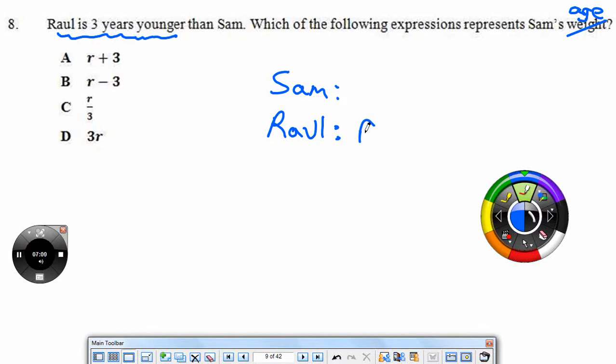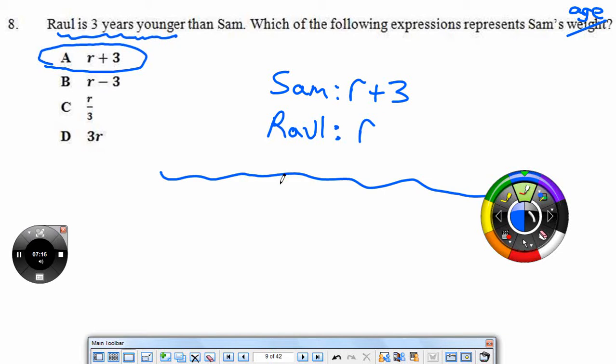And so if you let Raul be R, that means that Sam would be R plus 3, and it's looking for an expression for Sam's age. So you could go ahead and let this be Sam's age. You could also do it a different way, so I'm going to put an or here.